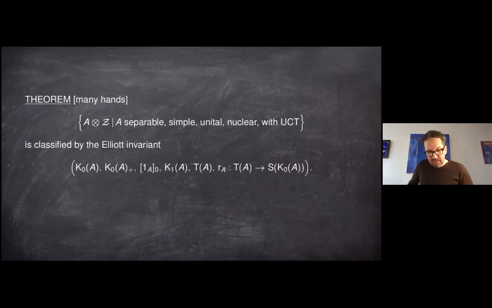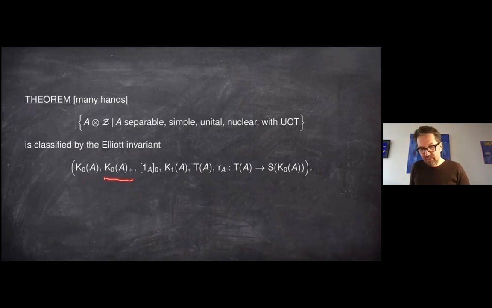Okay, and here K0 of A, this is C-star algebra K-theory. Essentially you take finitely generated projective modules over A, and then you turn these into a semigroup by modding out homotopy classes, and then you take the enveloping Grothendieck group of this, and if you keep track of the image of the semigroup in K0 of A, then you get the positive part.